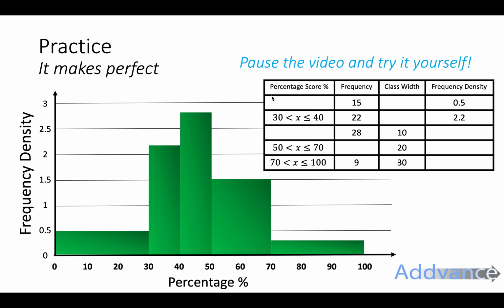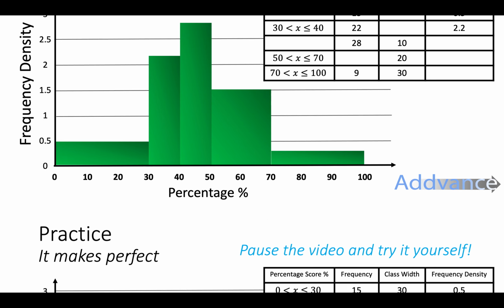For example, the percentage score for the first one will be between 0 and 30, so you can fill in the class right over here straight away. Pause the video now and try to fill in all the information from the table. All the information is right there in front of your eyes to figure out. Good luck! And when you're ready, I'll reveal the answers in 3, 2, 1.